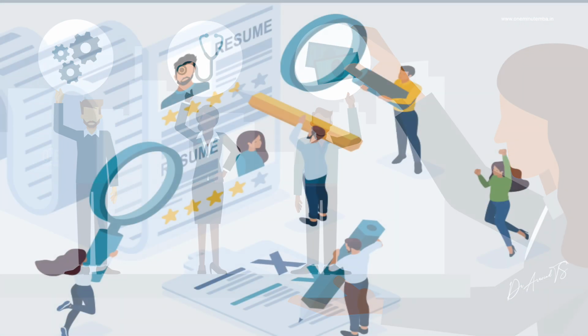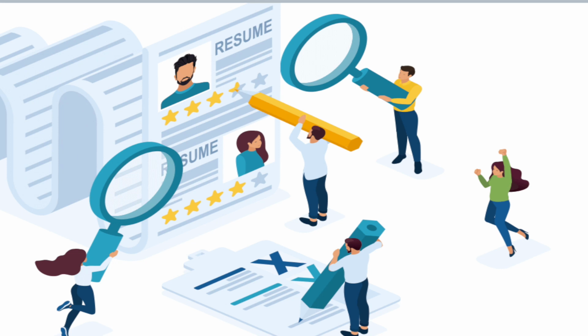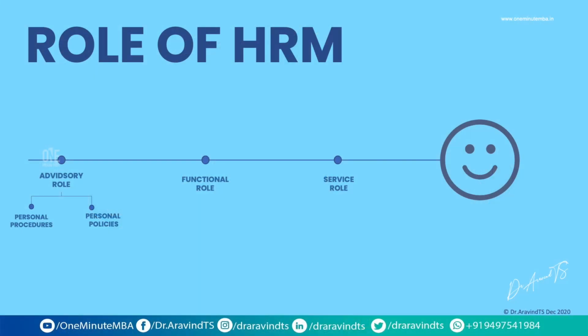Let us discuss the role of human resource management. Human resource advises management on solutions to any problems affecting people, personnel policies, and procedures. Personnel policies cover organization structure, social responsibilities, employment terms and conditions, compensation, career and promotion, training and development, and industrial relations.